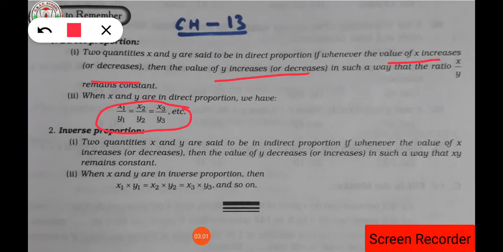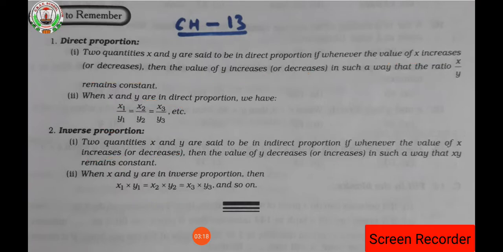But for inverse proportion, if x increases, the value of y decreases. If x decreases, the value of y increases. It means xy remains constant. That means the formula will be in the multiplication form. Clear everyone?